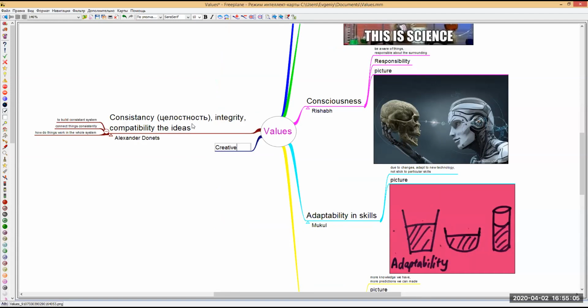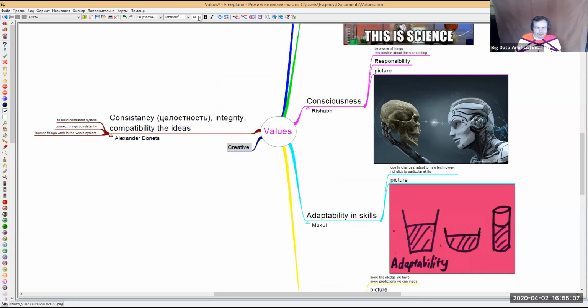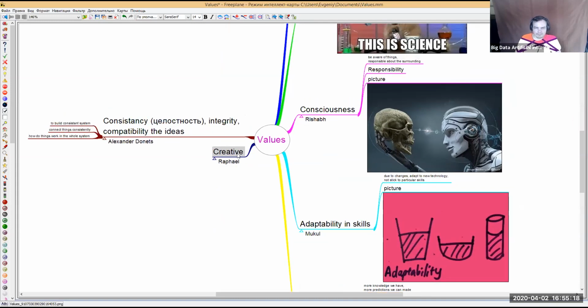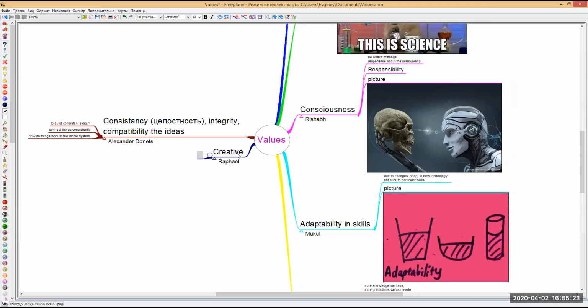Creative. How to distinguish what is creative? Yeah. So even after your data, you should be creative enough to create beautiful visual reports for the customer so that they can understand.